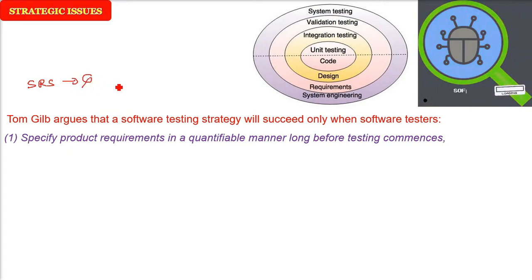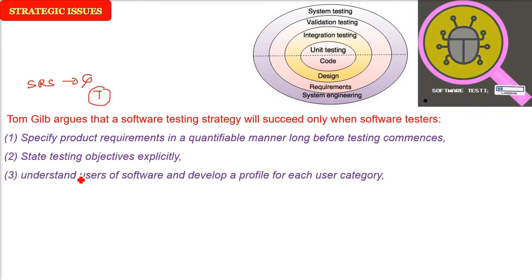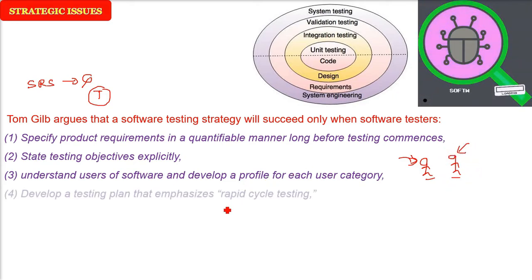They have to be quantifiable before even the testing commences. The testing objectives, why you are doing it, what your purpose is, have to be stated explicitly. And the users, there are different users, experienced, less experienced, novice, or a user who is only a maintenance user who will use your software sometimes. So the profile of each user category has to be fixed.